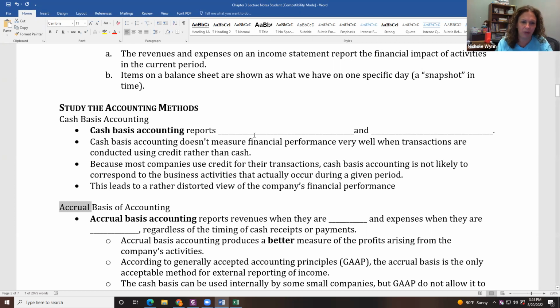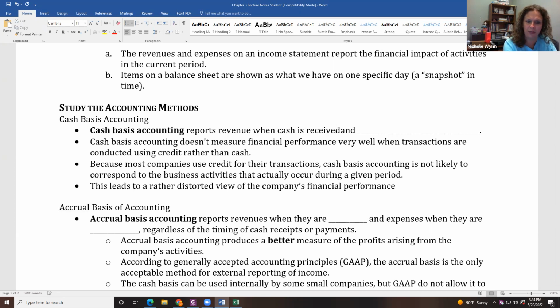So let's do cash basis first. Cash basis reports revenue when cash is received and expenses when cash is paid. So everything is just based on receiving cash and paying cash, which is fine. It's one way to keep track of your accounting records, but it isn't actually GAAP.